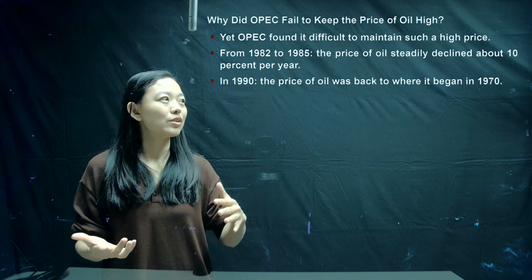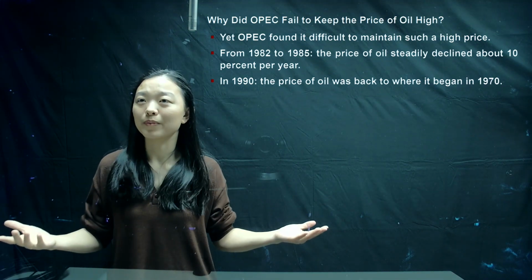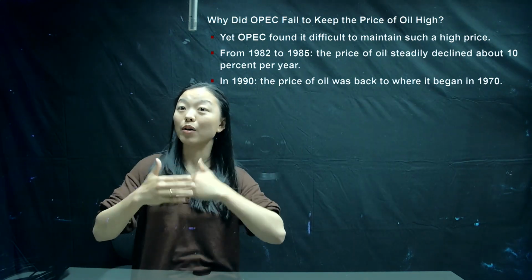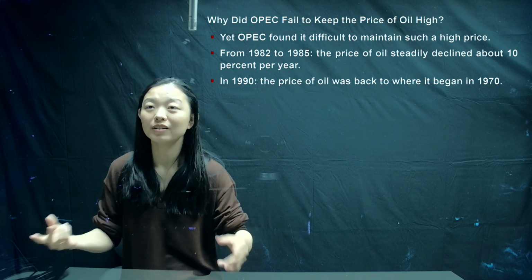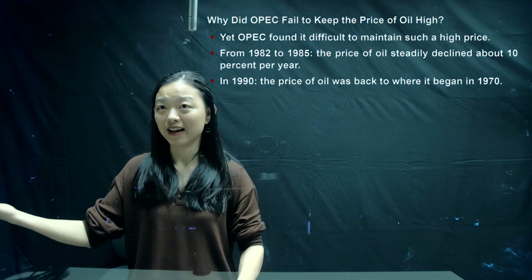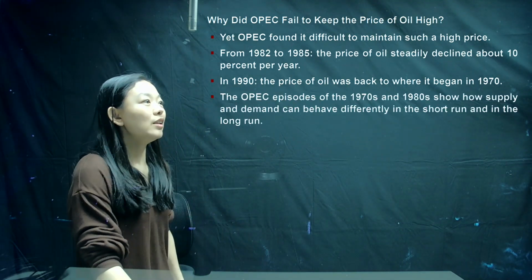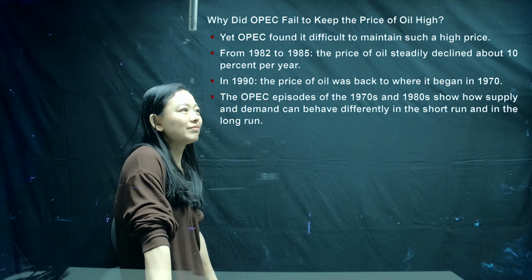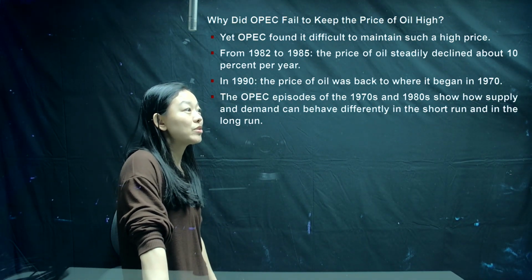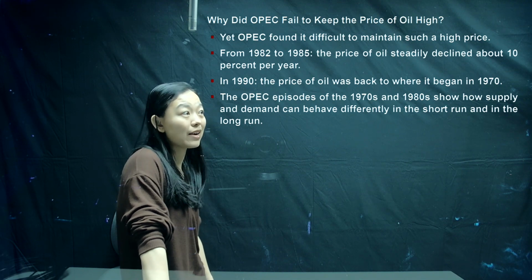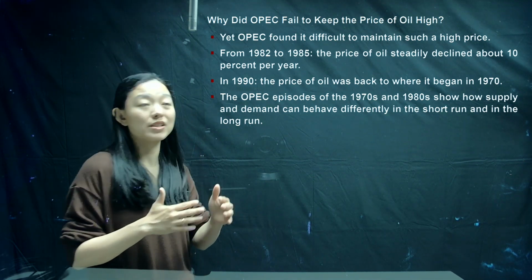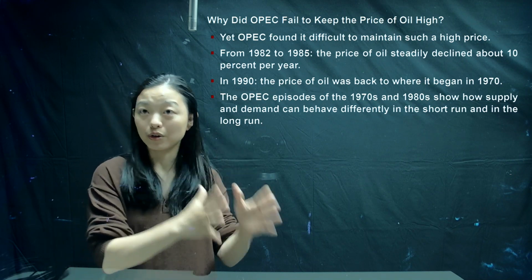But 2 or 3 years later, oil price went down steadily, and even in the 1990s, 20 years later, the oil price was back to what we had in 1970, right? So the OPEC episode of the 1970s and 1980s shows how supply and demand can behave differently in the short run and in the long run.